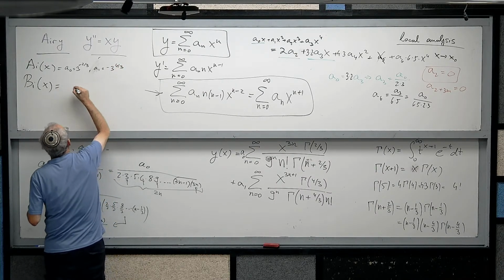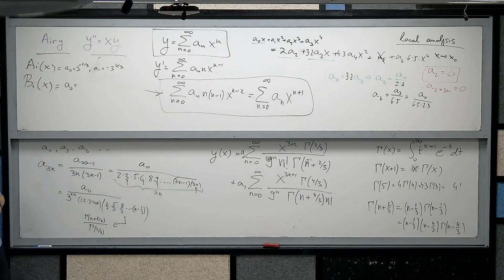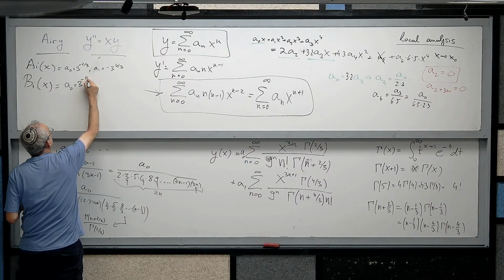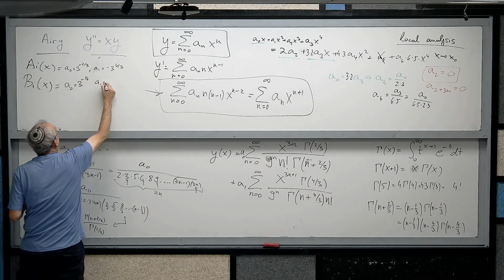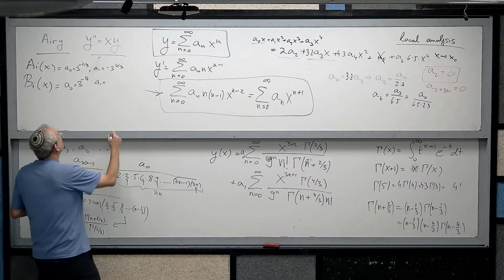Whereas Bairy comes with A0 equal to 3 to the minus 1/6, and A1 equal to plus 3 to the minus 5/6.